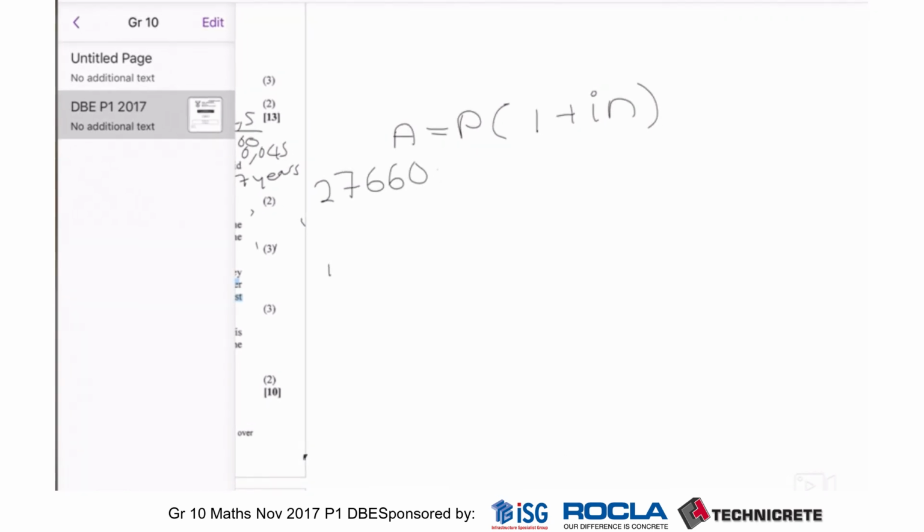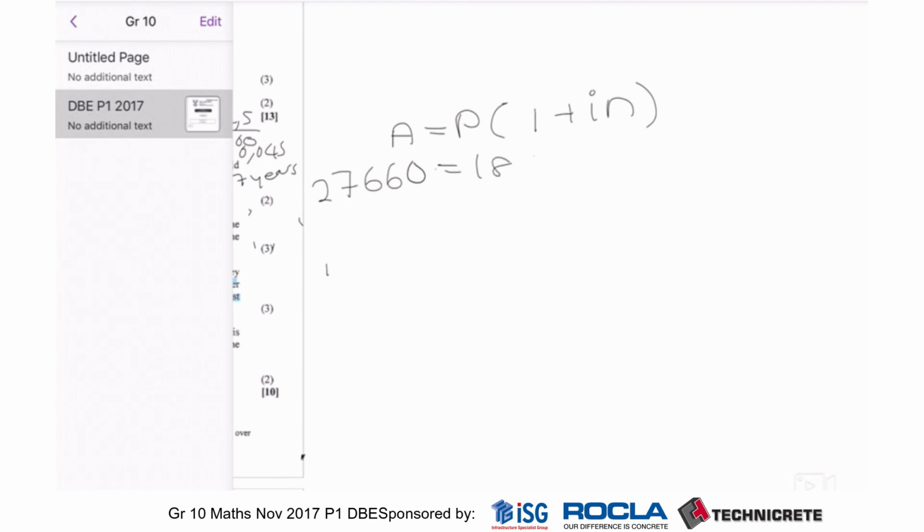So she originally invested using simple interest. We want to find what interest rate she should have used to make sure she had enough money to buy the TV now, after 7 years. The initial value that she invested was 18,000. She is investing it for 7 years, and we want to know what the interest rate is.